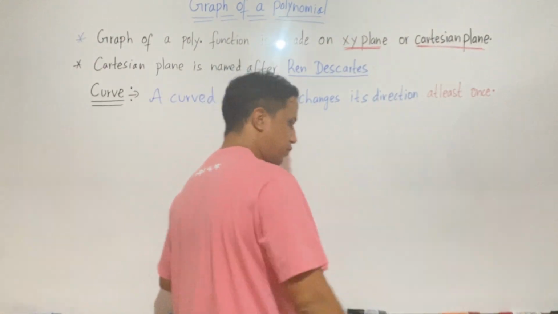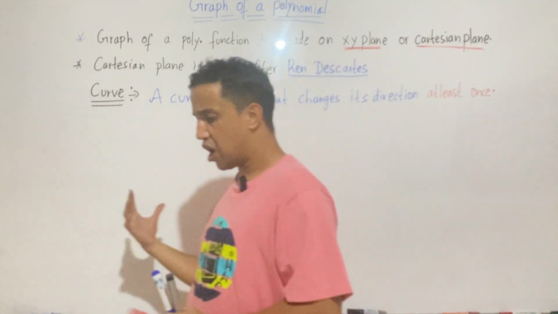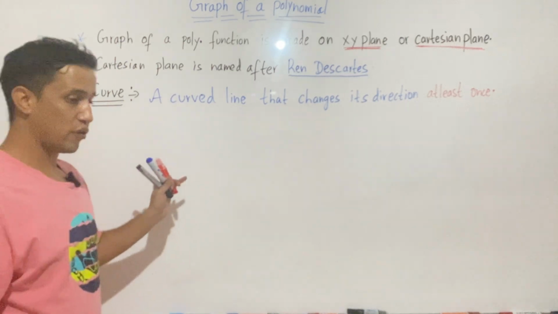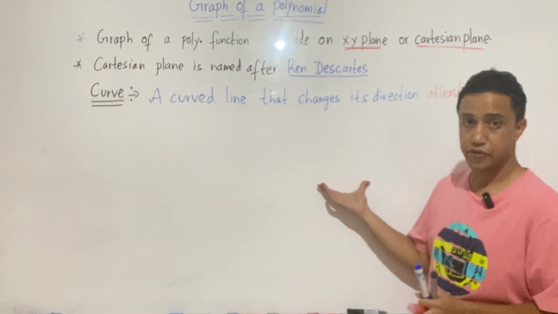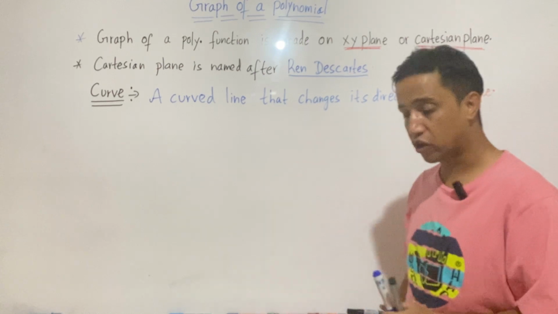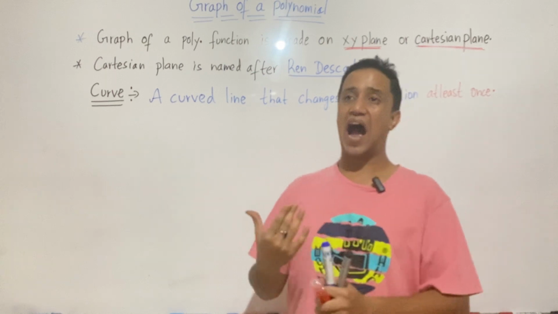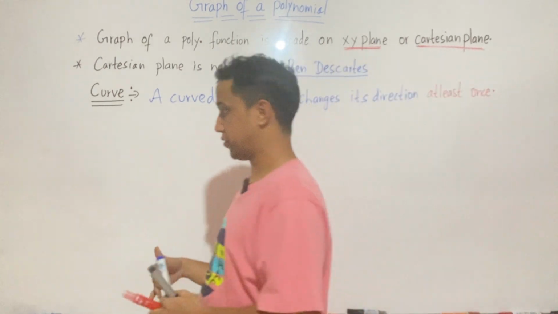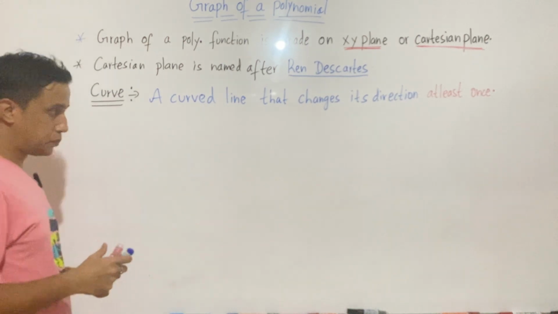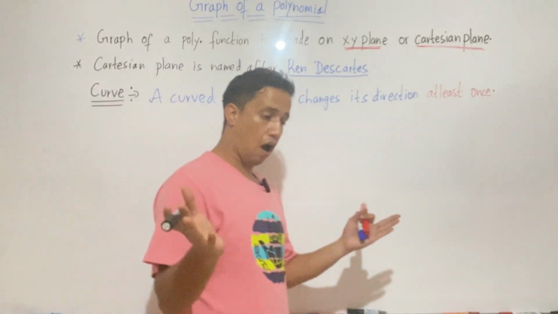Now, there are some more things that we need to understand about the Cartesian plane or XY plane, because we are going to use those things later on, and I don't want to come back and explain them. So the main thing is: what is the Cartesian plane?